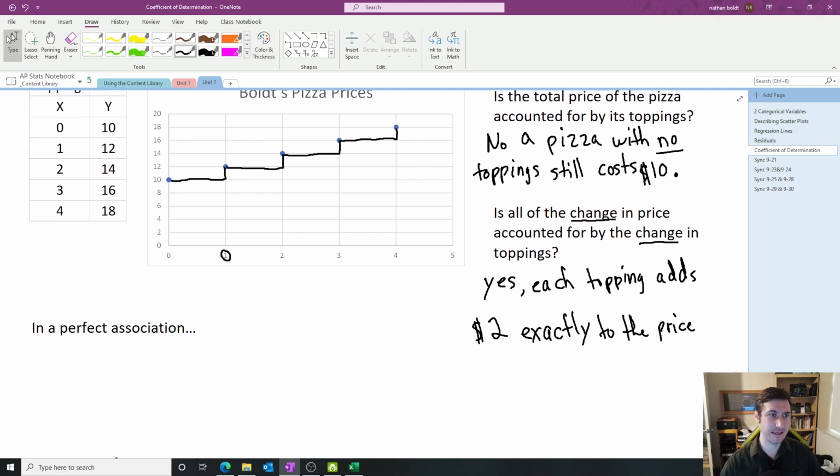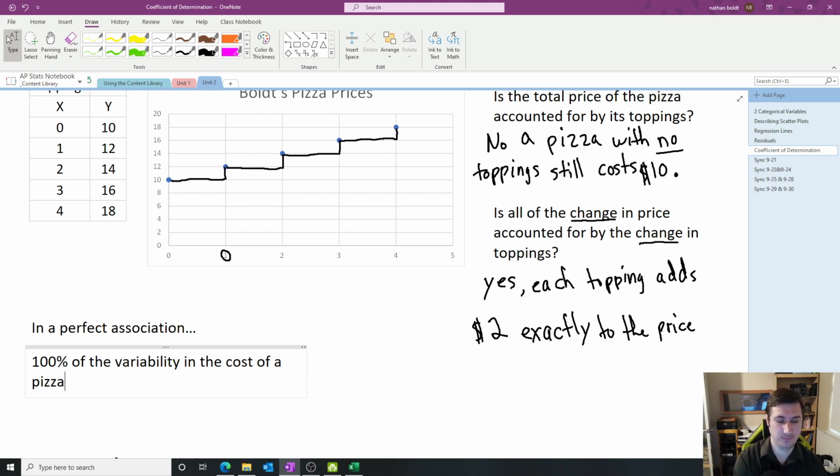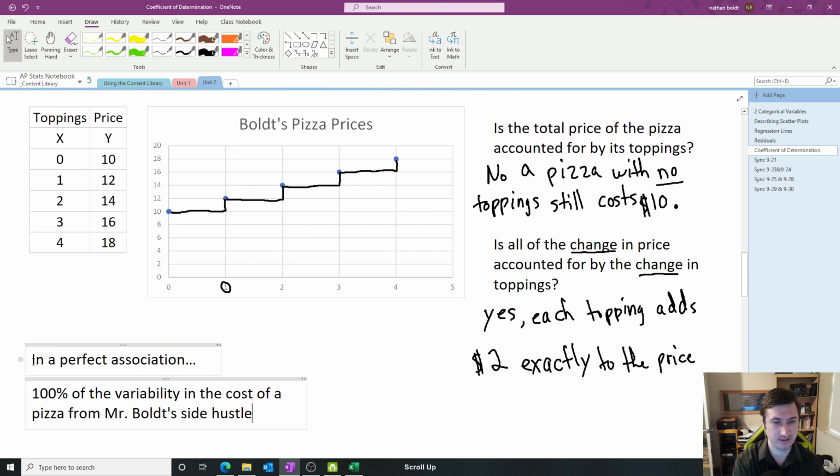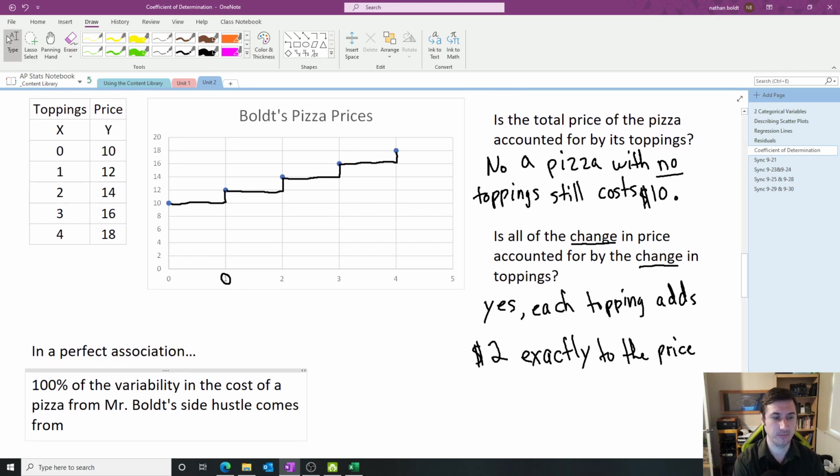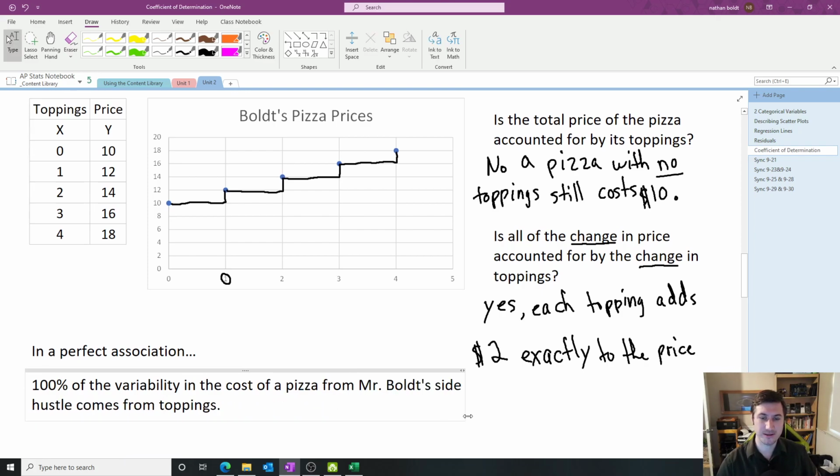So in this case, we can now say that 100% of the variability in the cost of a pizza from Mr. Bolt's side hustle, 100% of the variability in that cost, comes from toppings. That's the only way the price is being variable. All of that change comes from toppings alone.